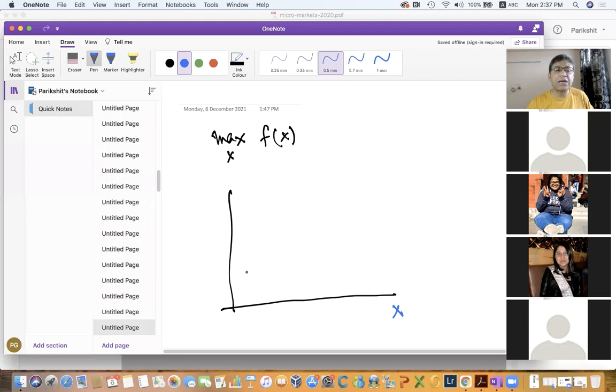Well, I'm looking for a peak of the function, right? So the function's graph looks like this.